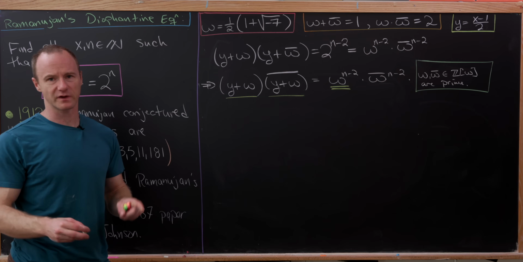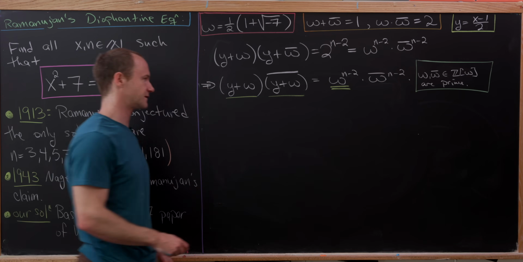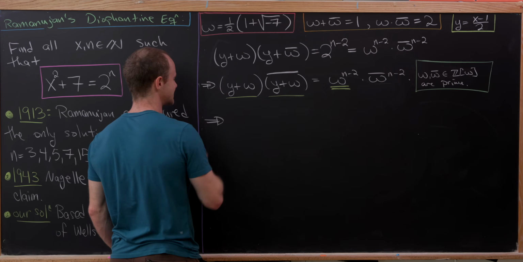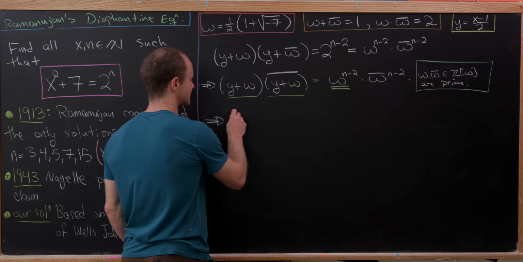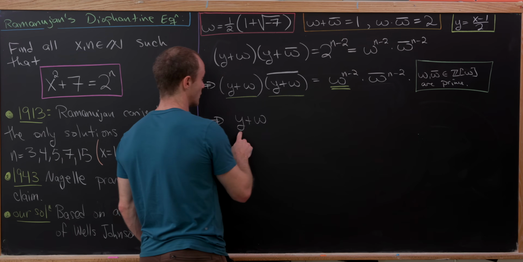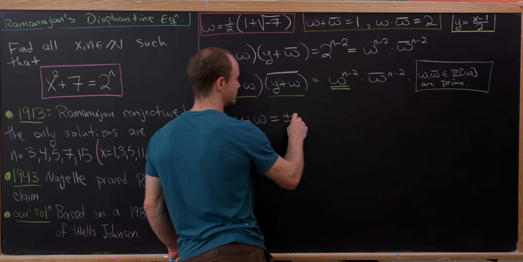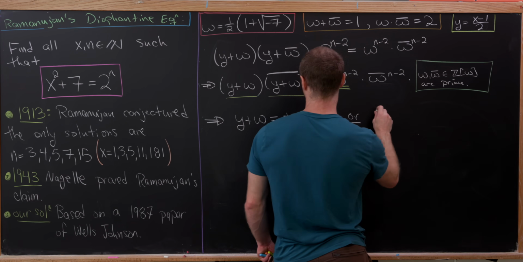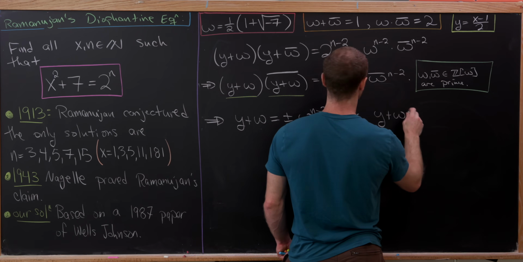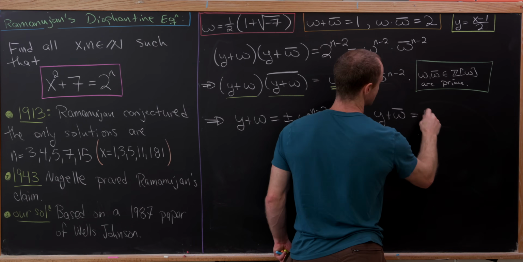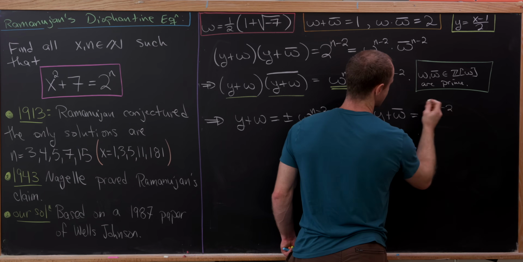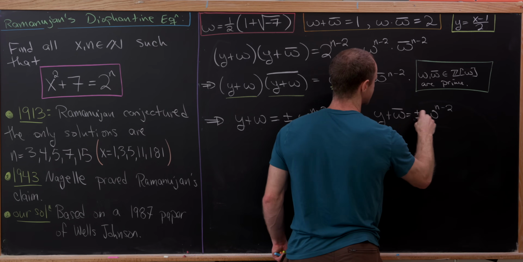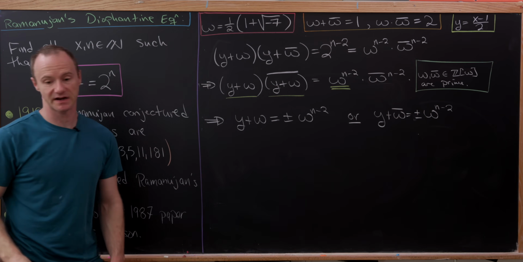Another thing that we won't really prove, but isn't too hard to prove. So that sets us up the two possibilities. So we have y plus omega is equal to plus minus omega to the n minus 2, or y plus omega bar is equal to plus minus omega to the n minus 2. I guess I needed a plus minus omega to the n minus 2.